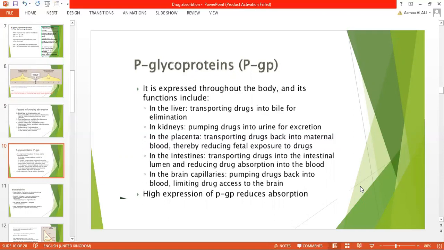So high expression of P-glycoprotein reduces absorption. This is for P-glycoprotein.